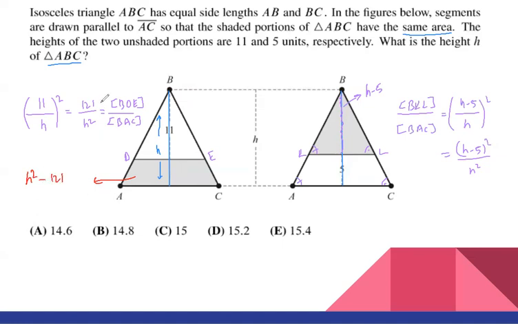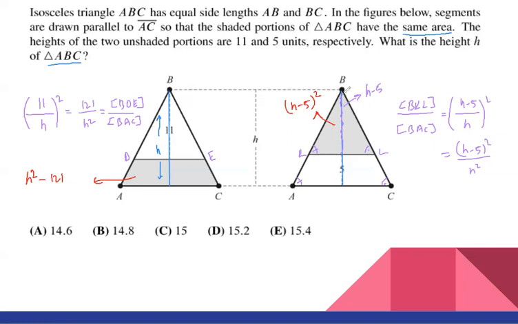Again, I didn't want to write times something, because this is a ratio, not actual values, but I could just say times x. Since it will be eliminated in the other equation, I don't really need that. I will do the same thing with this part. The area of the larger triangle is h squared, and the smaller one is h minus 5 to the second power. So this is already good.